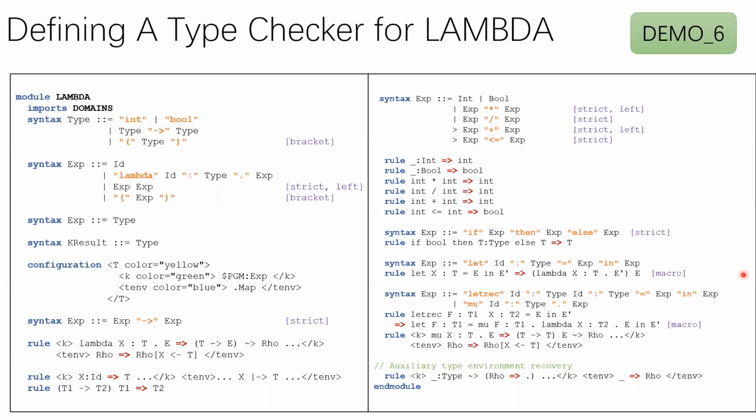Or if you look at if-then-else, you say if bool then t else t rewrites to t. So this is a very nice way to say this is the typing policy of if-then-else. So small step type checking is pretty interesting, actually pretty feasible.